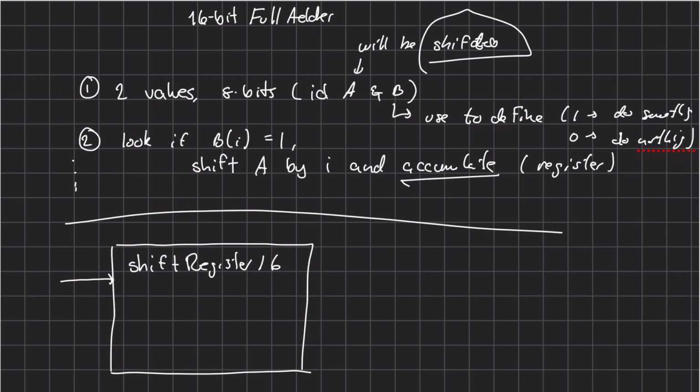So the first thing we will need to do is to set it at the initial value. Like the A, I will draw it better, sorry about that. The A signal will be 8 bits, and we will have a signal here called load. That means that at that point we will set the register to the 8 bits we receive in A.